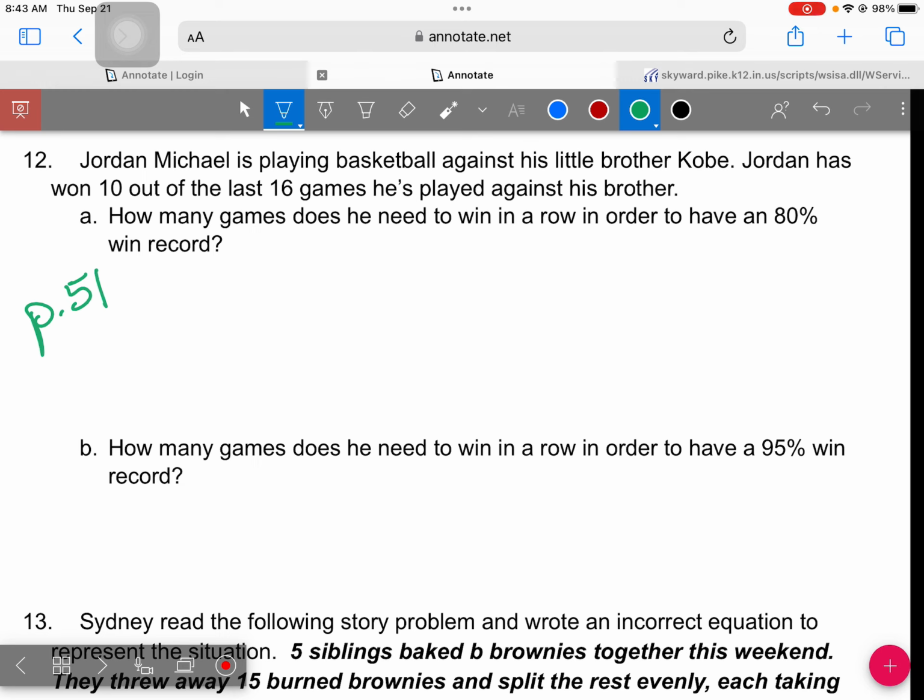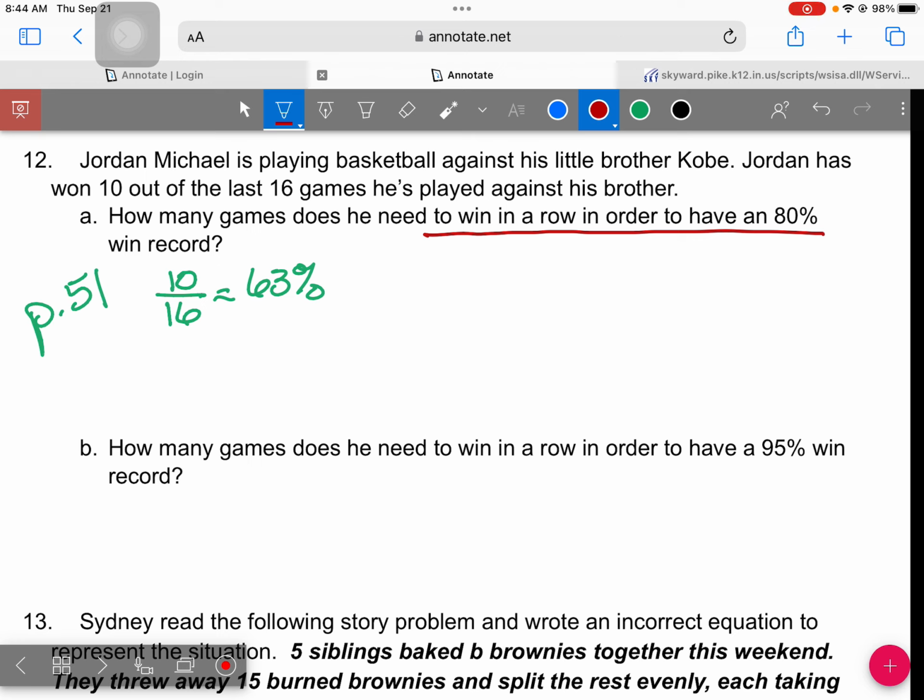So, what we know is that he's won 10 out of 16, and that was what percent? 63%. How many games does he need to win in a row to have 80%?